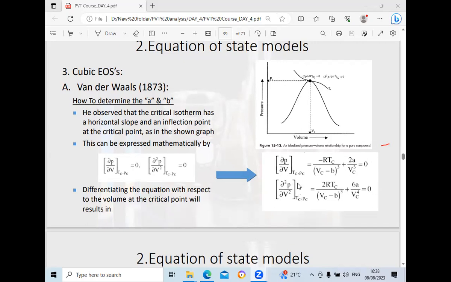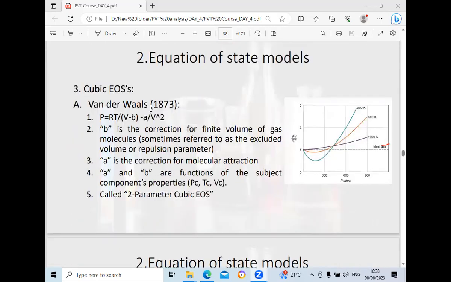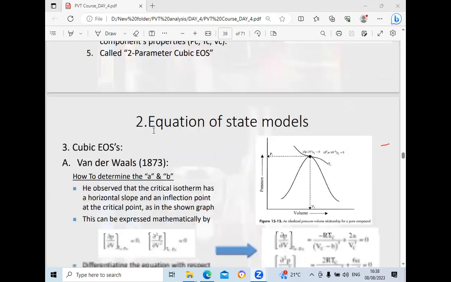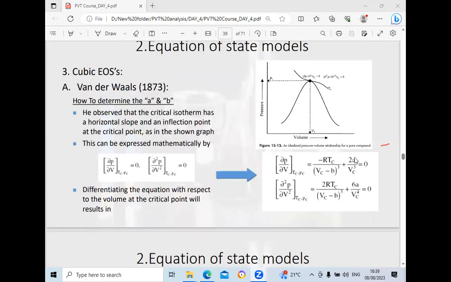So the easiest way for us to calculate the values of A and B is to differentiate this function, equate it to 0, take the second derivative also and equate it to 0. Remember that it becomes 0 at a particular PT condition, which is generally our critical point.